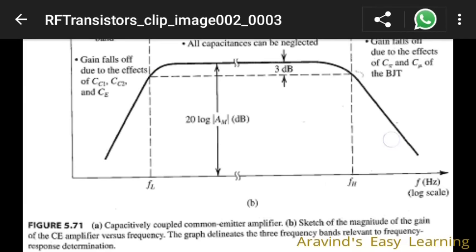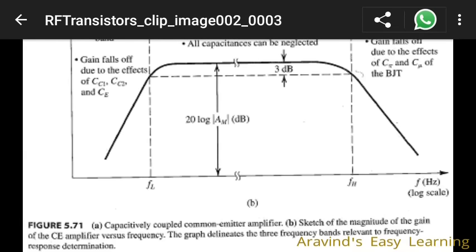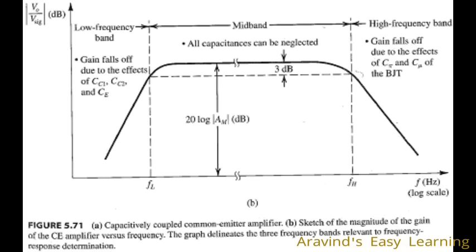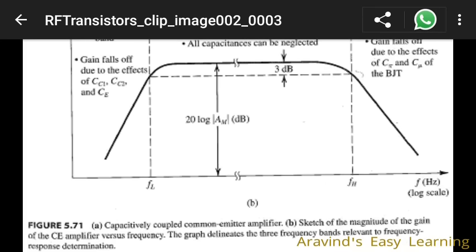Above this frequency, the effects of interelectrode capacitance and shunting become considerable. Below this frequency, the reactance of the capacitors becomes considerable. We need to consider them. But between these two frequencies, it's fine. It produces almost a constant gain.